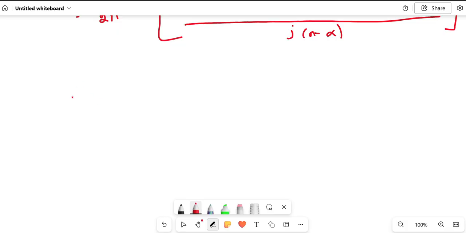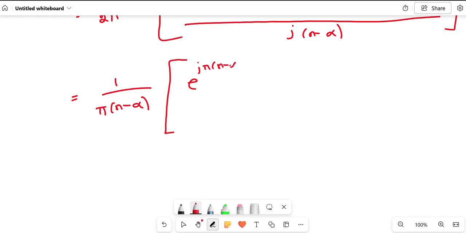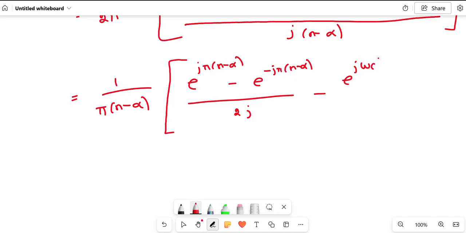Next step, 1 by pi into n minus alpha, the constant term taken outside. Inside it will be e power j pi (n minus alpha) minus e power minus j pi (n minus alpha) by 2j; split the terms: minus e power j omega c (n minus alpha) plus e power minus j omega c (n minus alpha) by 2j.